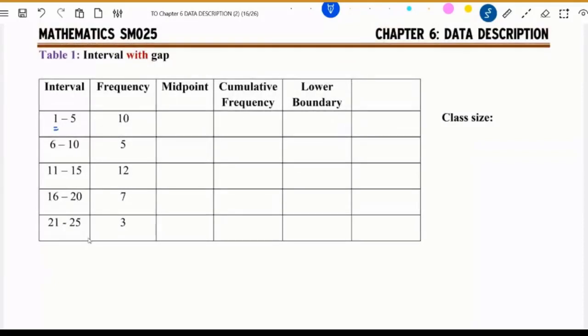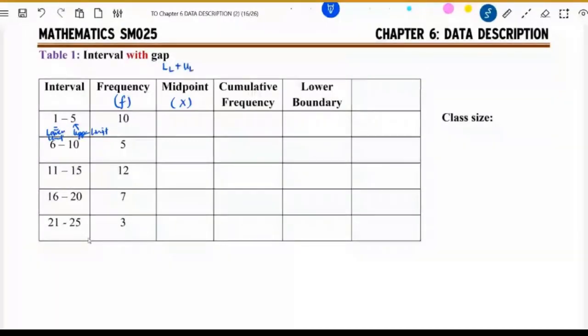Okay, so this one we call lower limit. And then this one we call upper limit. Okay, so this one adalah F. Ini adalah X. Okay, to find midpoint, dia akan jadi lower limit plus dengan upper limit bahagi 2.